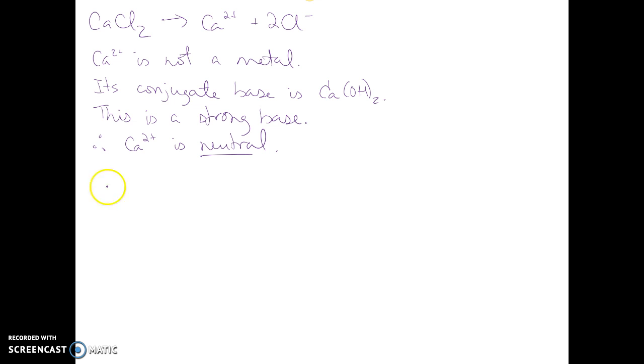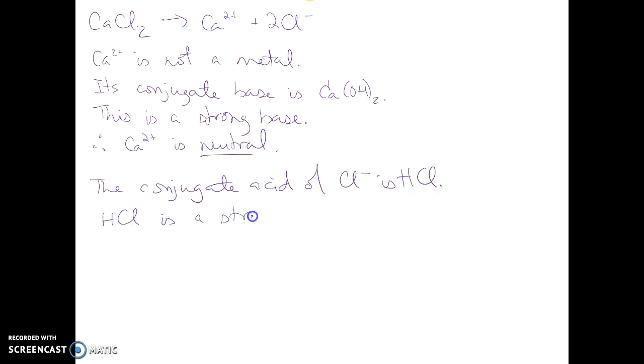Looking at the anion, the conjugate acid of Cl- is HCl. HCl is a strong acid. Therefore, Cl- is neutral.